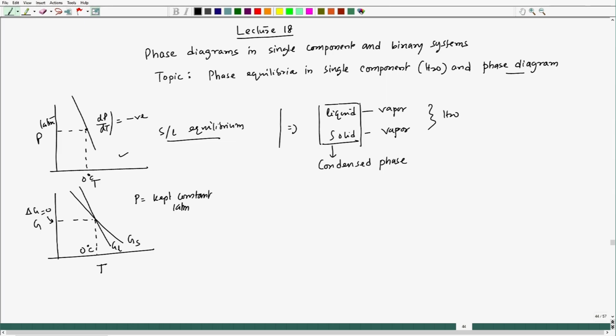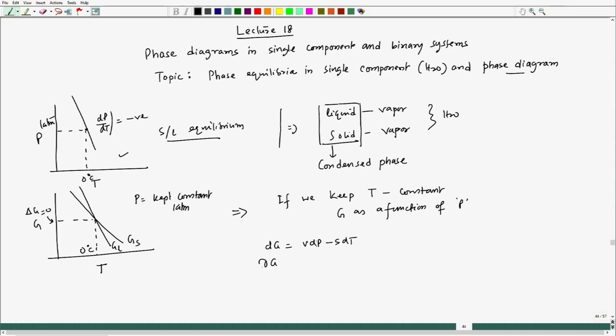Okay. So, that is what we have done. Now, let us see what happens if we keep temperature constant and try to see G as a function of pressure change. Now, let me start with dG equal to V dP minus S dT.